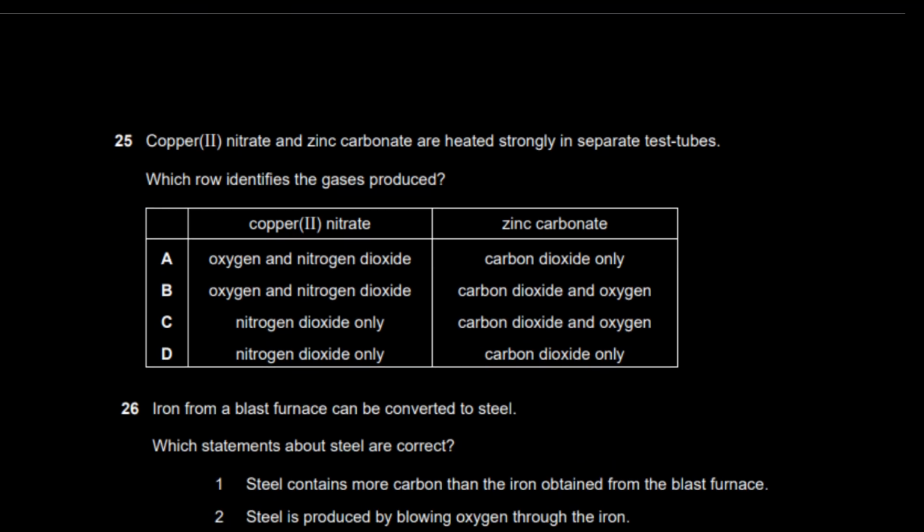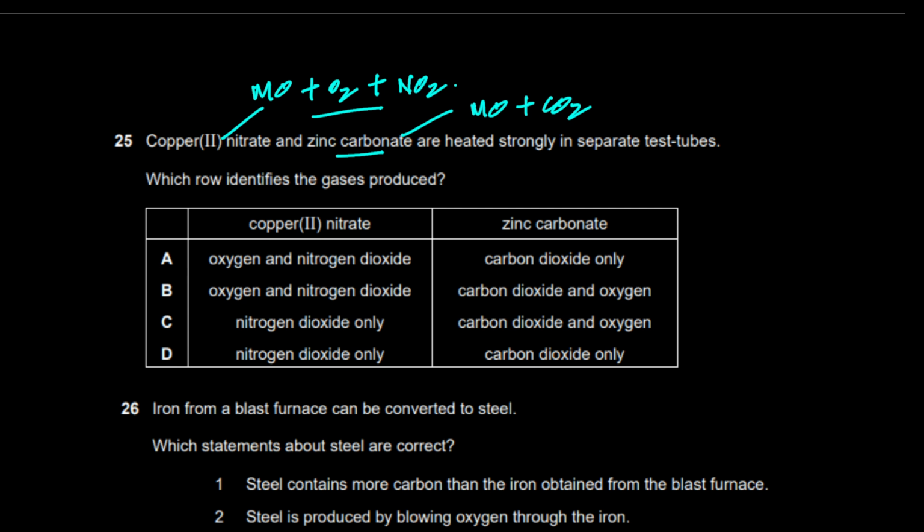Copper(II) nitrate and zinc carbonate are heated strongly. Well, obviously whenever you have a metal carbonate, it decomposes to give you a metal oxide and carbon dioxide. And whenever you have a metal nitrate, it decomposes to give you the metal oxide, oxygen and nitrogen dioxide, right? And this particular decomposition reaction is no longer in your course.